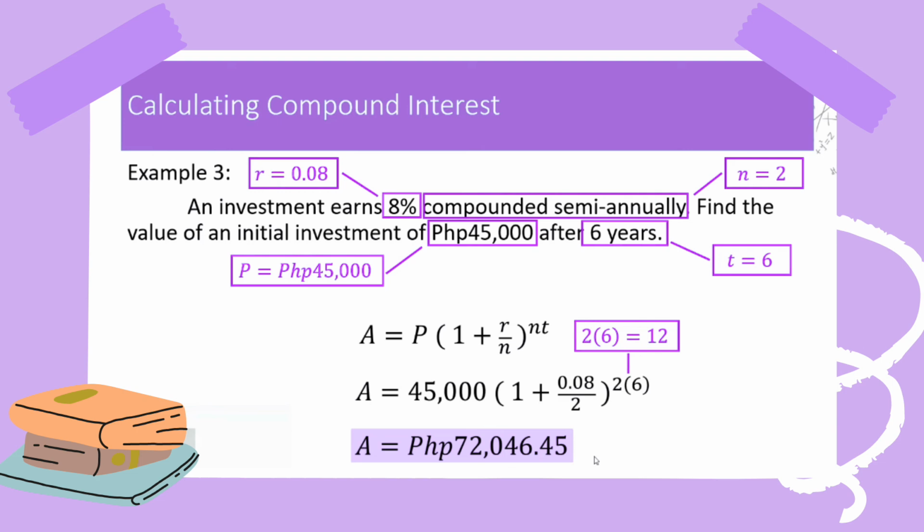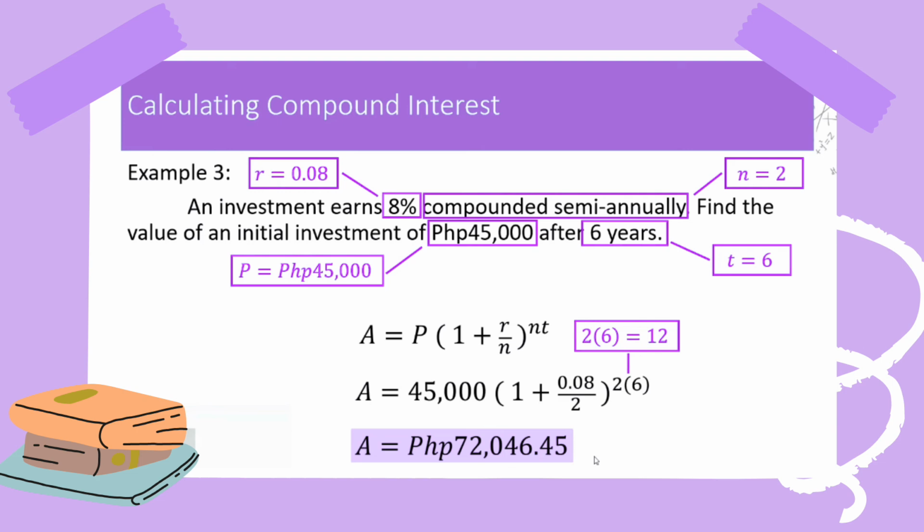Now, let's substitute the given values into the formula. A is equals to 45,000 times 1 plus 0.08 divided by 2 raised to 2 times 6. And 0.08 divided by 2 is equal to 0.04. So we have A is equals to 45,000 times 1 plus 0.04 raised to 12.